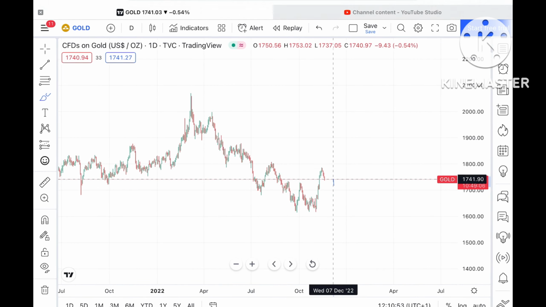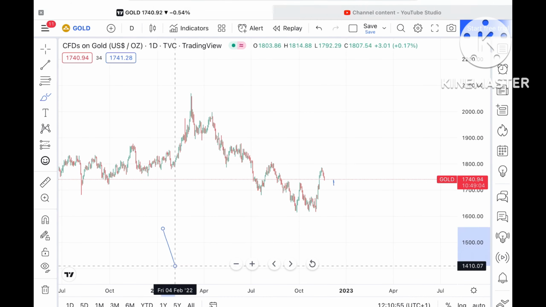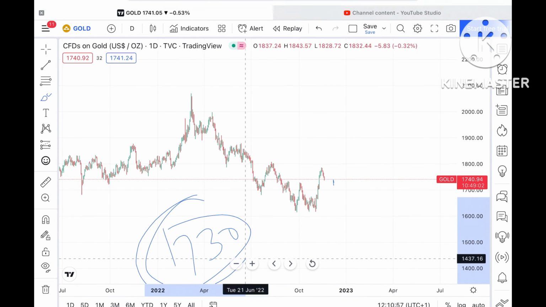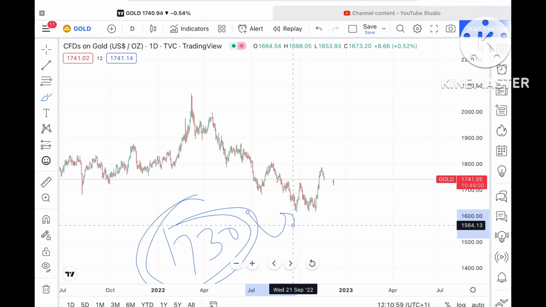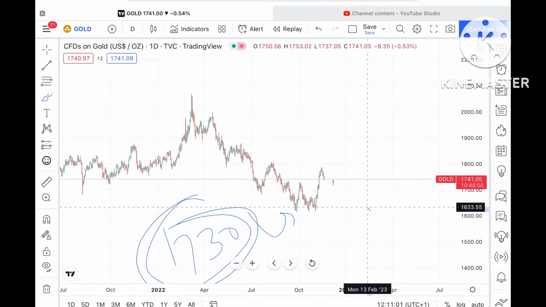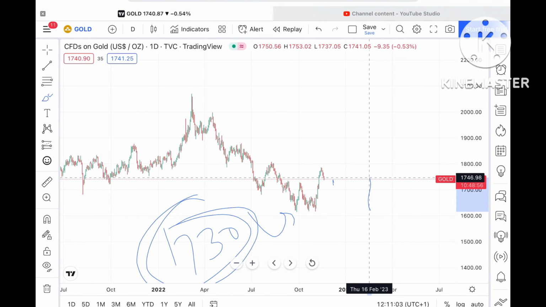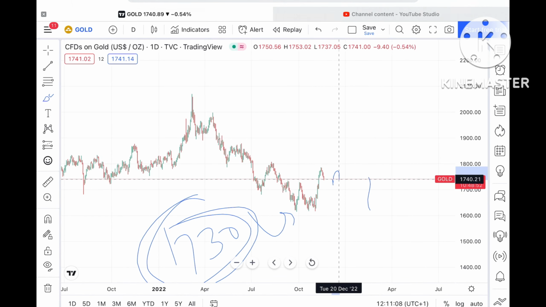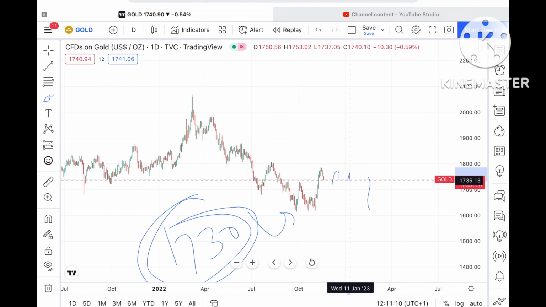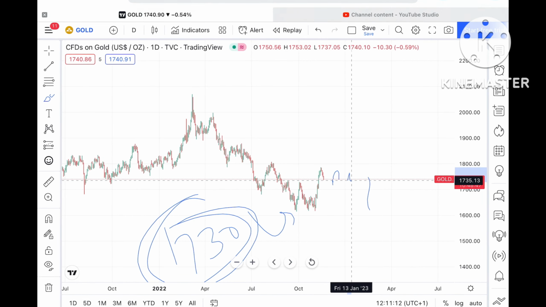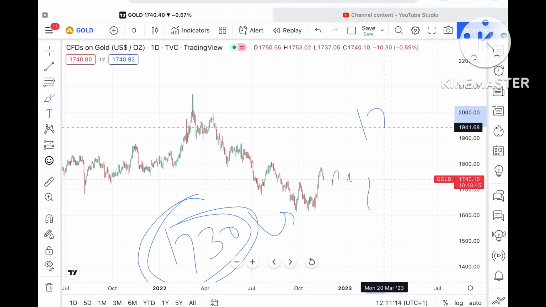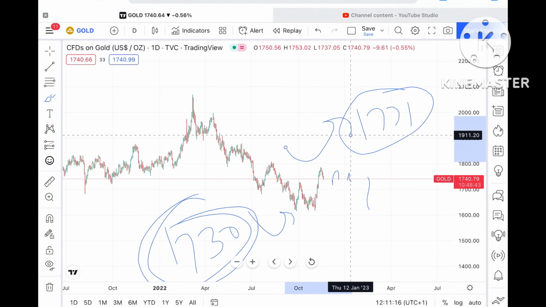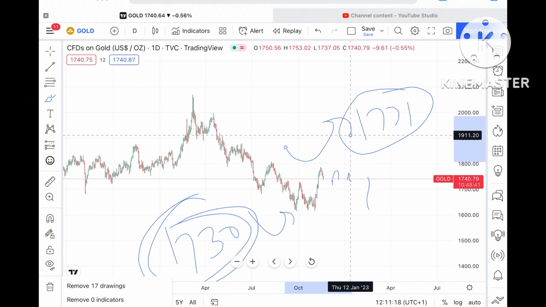Or if this is the support forming at 1730, and it hits this support, from there also we can see a bounce back can come. Suppose the price sustains this particular level, it can go further high towards a level of 1715, but there is a high chance that it can hit a resistance of around $1735, and if that level also goes down, then we can see it can move towards a level of 1731, and from there we can see a bounce back can come.